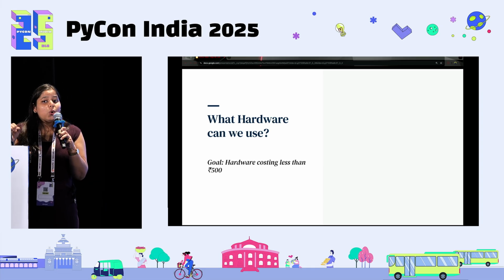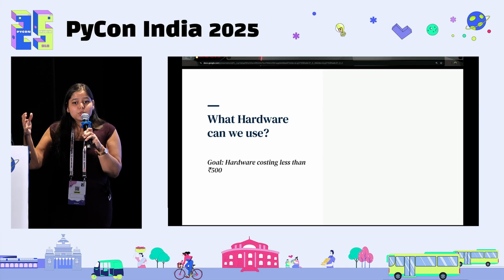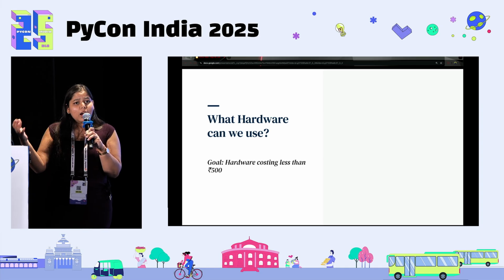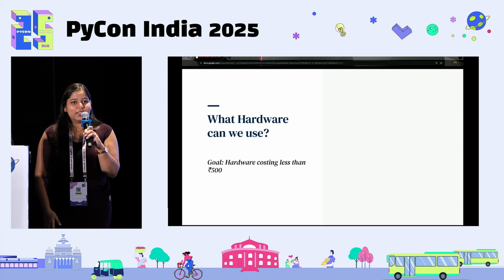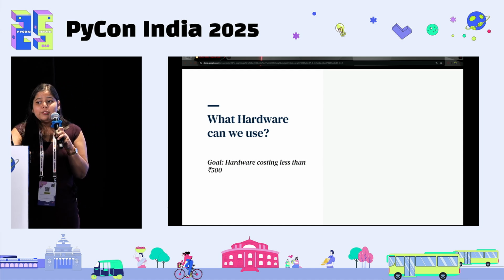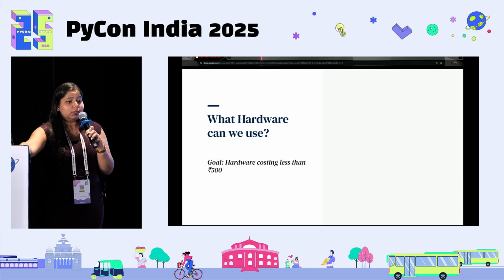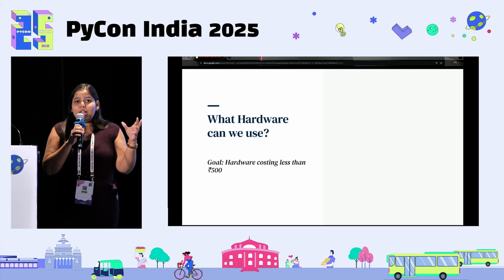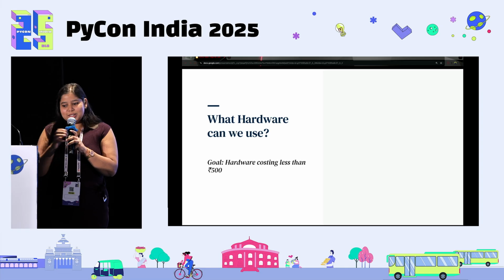But here is the catch. This device costs upwards of rupees 30,000 to be precise, and it relies heavily on powerful hardware and cloud support. Now imagine if this device could cost just rupees 500 and we have all the features embedded in it. Sounds interesting, right?